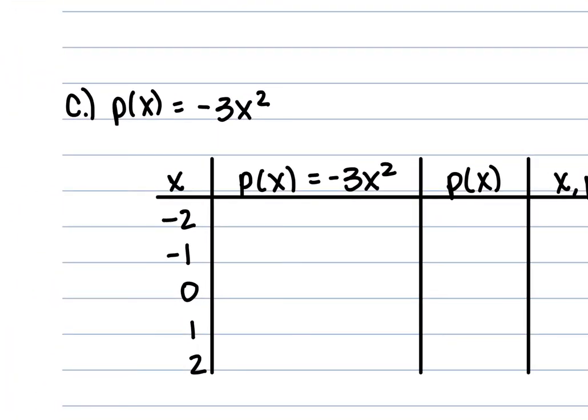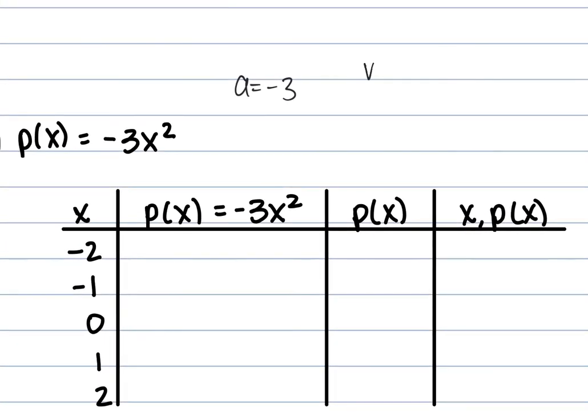P of x equals -3 times x squared. What's a, peeps? A is equal to -3. So there's actually two transformations here. What is one of them? Janessa? Oh, shrink. You think it's a shrink? Well, first a reflection. There's a vertical reflection.